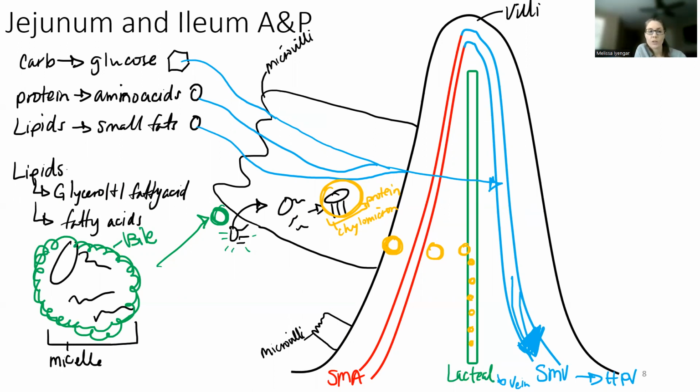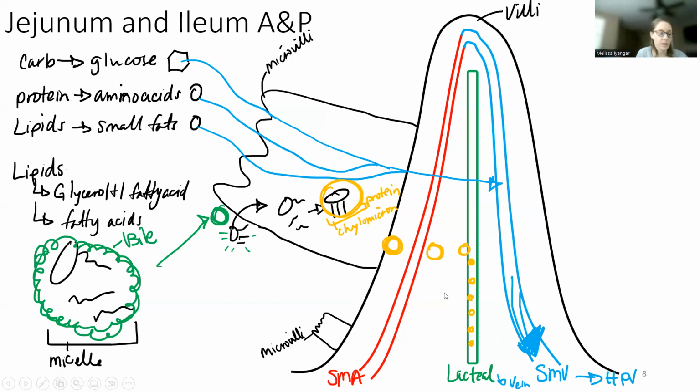So hopefully that helps you understand how absorption occurs in the jejunum and the ileum a little bit better. It might be more understandable when we get to blood vessels because you'll understand the shape of the blood vessels. You'll understand how small they are and how they can absorb really very large things. So really big fats can't be absorbed by a vein. That's why the lacteal is more important.